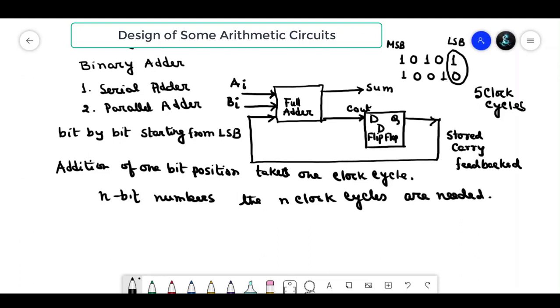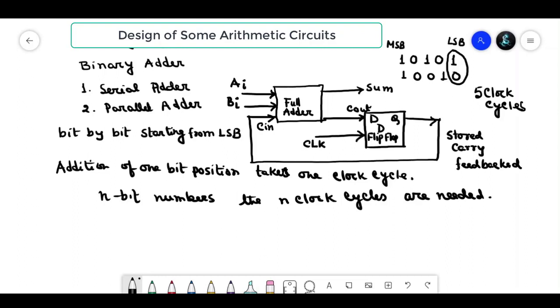At each cycle, the carry produced by a bit position should be stored in the D flip-flop. Whenever the carry is produced, it is stored in the D flip-flop and given as input during the next clock cycle through the carry in. This is the carry in circuit, and through the carry in, this will be the input of the full adder.